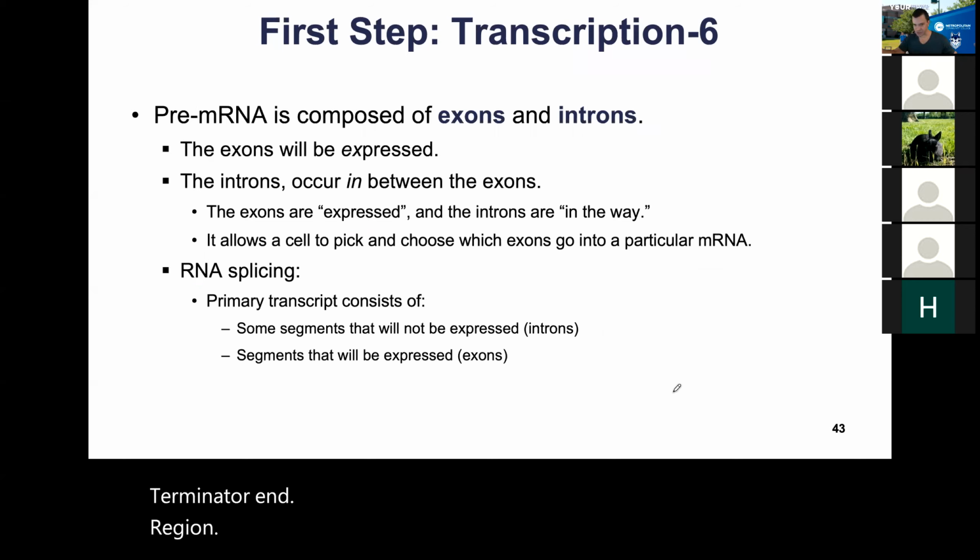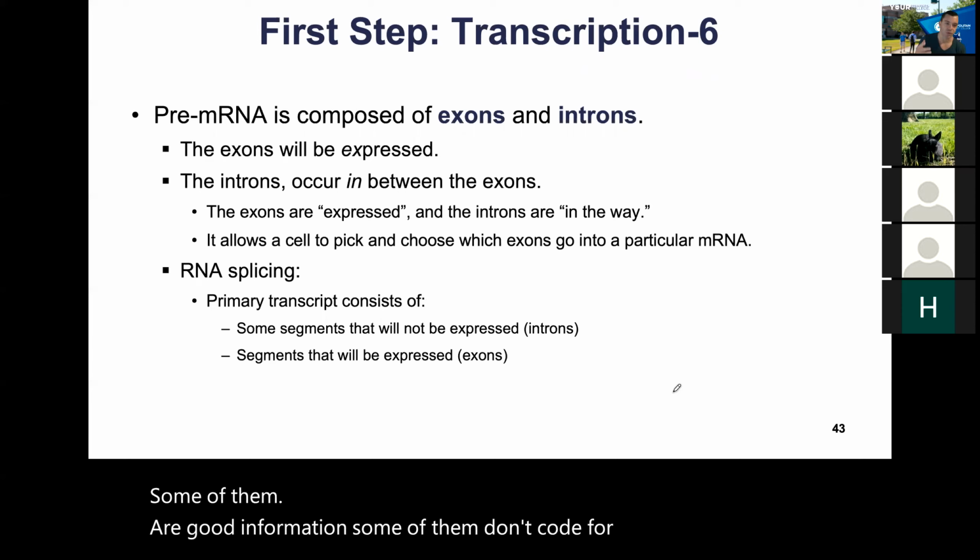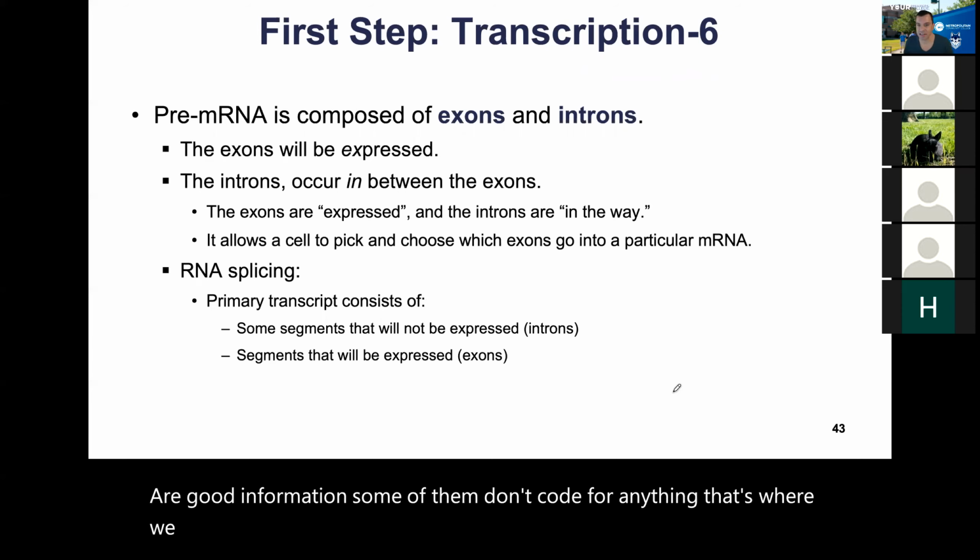All of those letters in there are going to be copied. Some of them are good information. Some of them don't code for anything. That's where we get exons and introns, all right? So I've copied the whole damn thing.